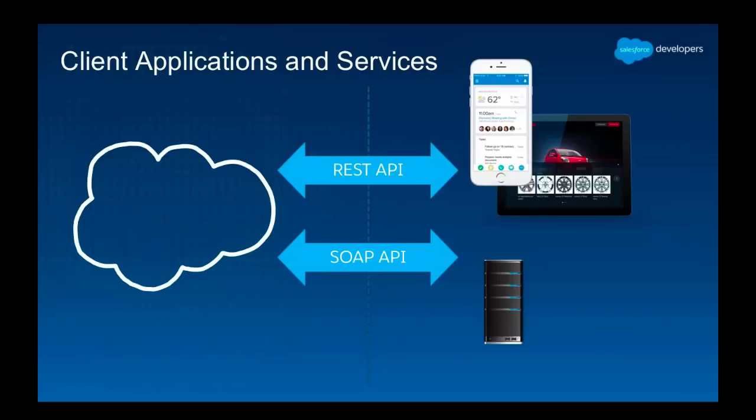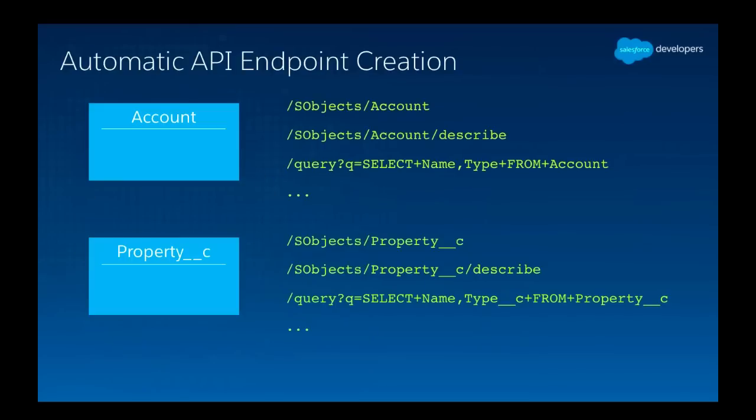There's actually a third one that is a CRUD-based API that I don't have listed here, I realize, and that's the bulk API. So you can tuck that one away as well, but bulk API is really for large data integrations, and you might need that, so just be aware of that. As I mentioned, as you create new entities, we automatically generate the endpoints for those. So you can see here that these are some of the endpoints for the standard object called account.